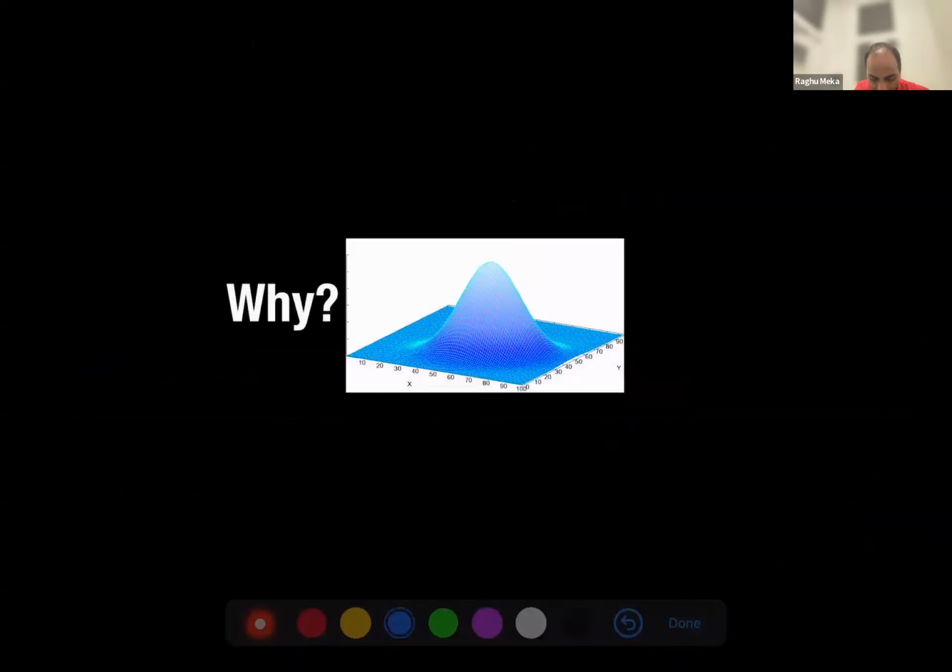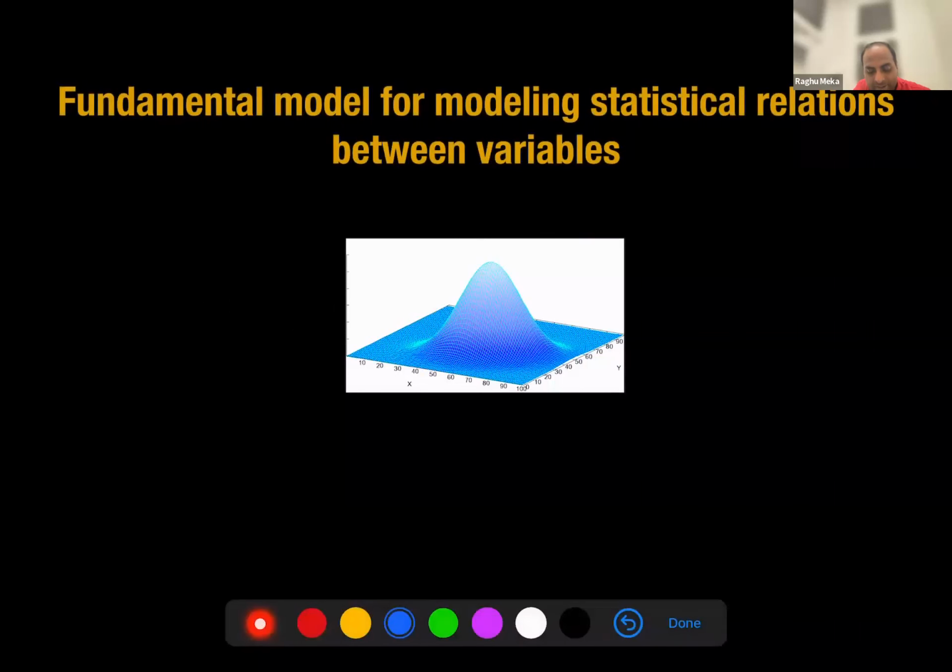All right. Okay. One can wonder why study this particular formalization? Well, as I said, the Gaussian distribution is probably the most used distribution in statistics, and GGMs are actually used very often in applied sciences for modeling statistical relations between variables, especially when you have very limited samples and you still want to learn the distribution.